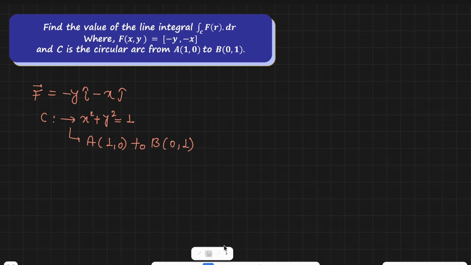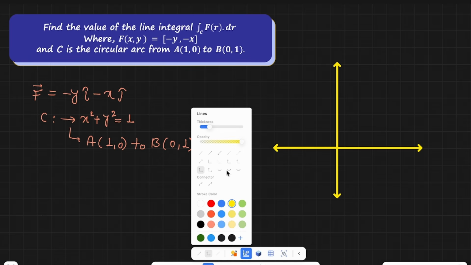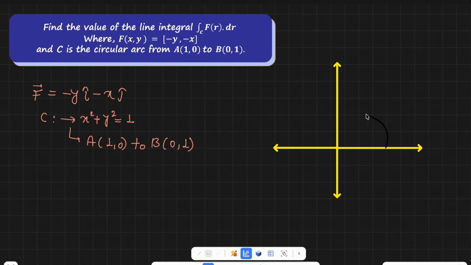Okay, let's take this. What do you mean by this? This is the xy plane, and this is basically a circular arc like this. So let's say I have this circle. Wait, let me change the color.